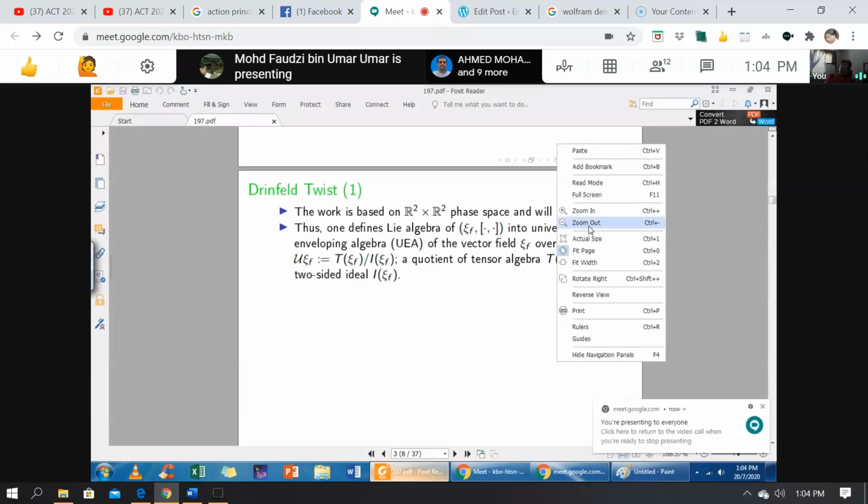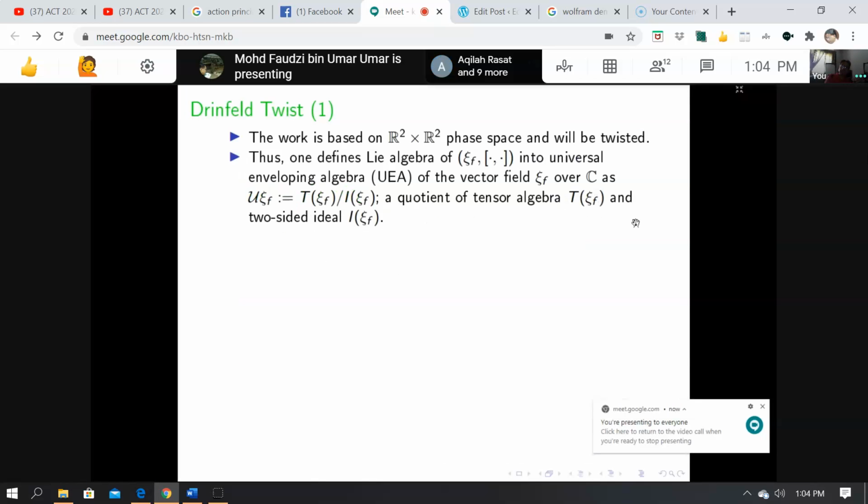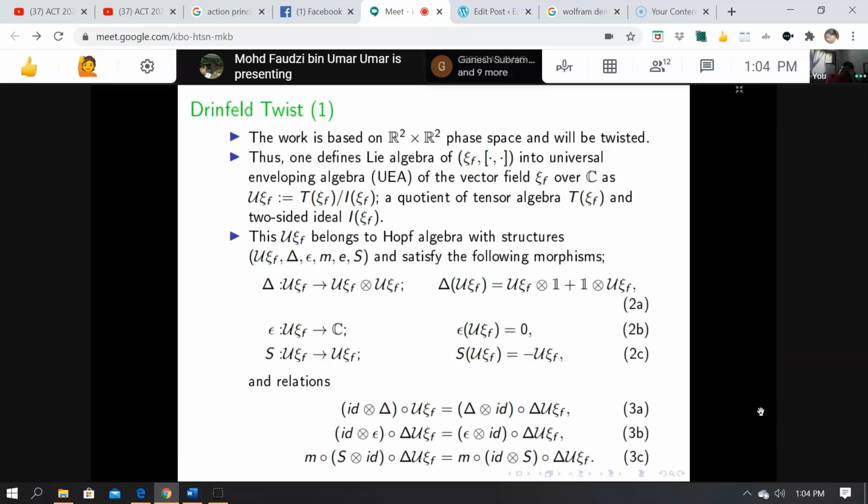You did mention the non-commutative manifold, and I'm not quite clear on that. How does this algebra relate to the non-commutative manifold? Actually, the twisted principles that we have here will twist the manifold to make it planar, only a plane.